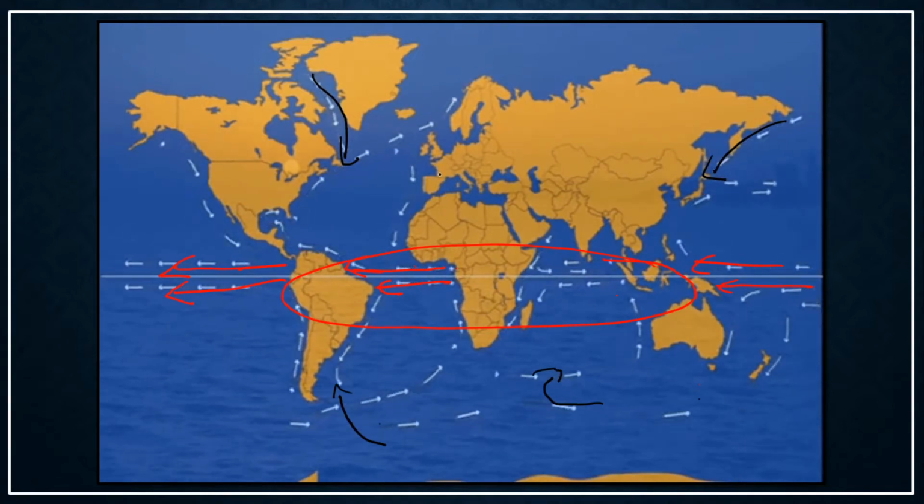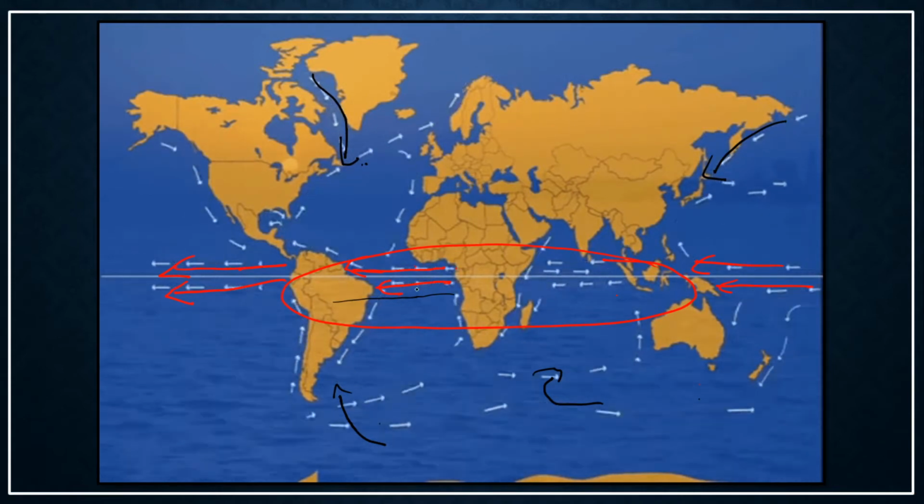So, we have currents which are coming from the north, which are cold currents, and the currents which are moving from the central part of the earth to the north are known as the warm currents.